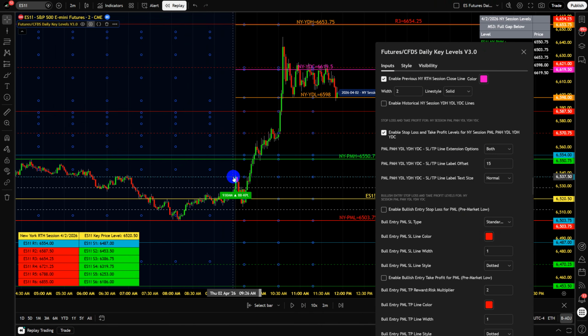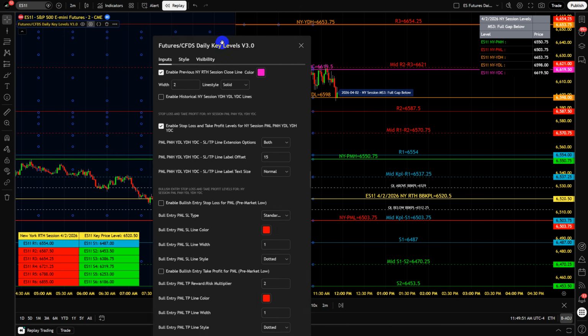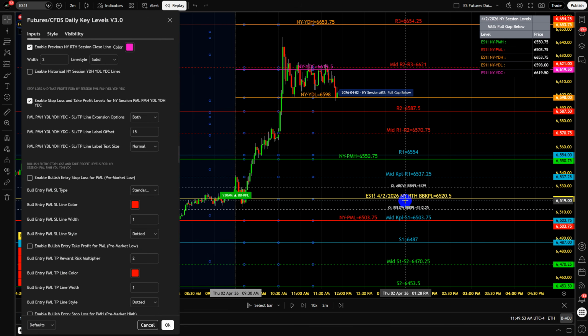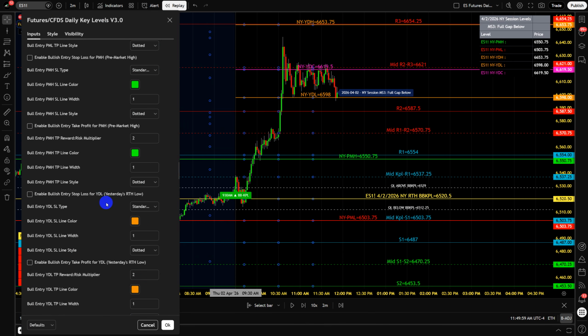However, if the opening candle had instead closed above the R1 level, then you could consider possibly a bullish trade off the R1 level. You just would not be considering a trade off of the bull bear key price level.